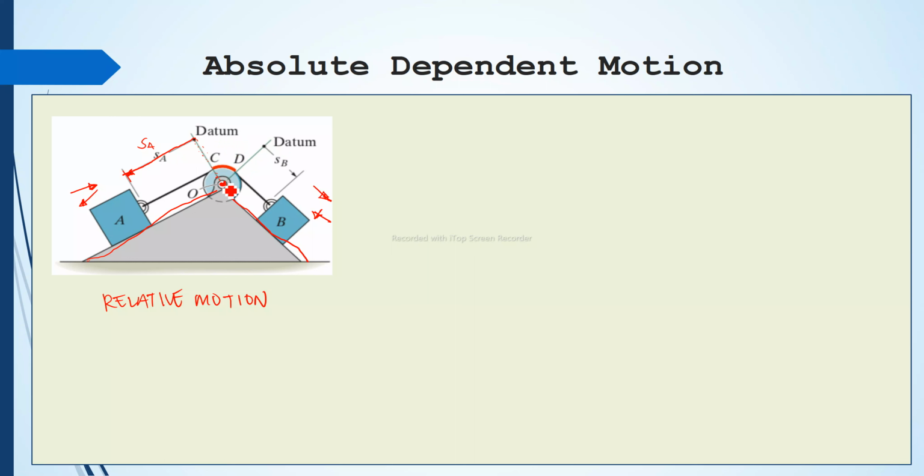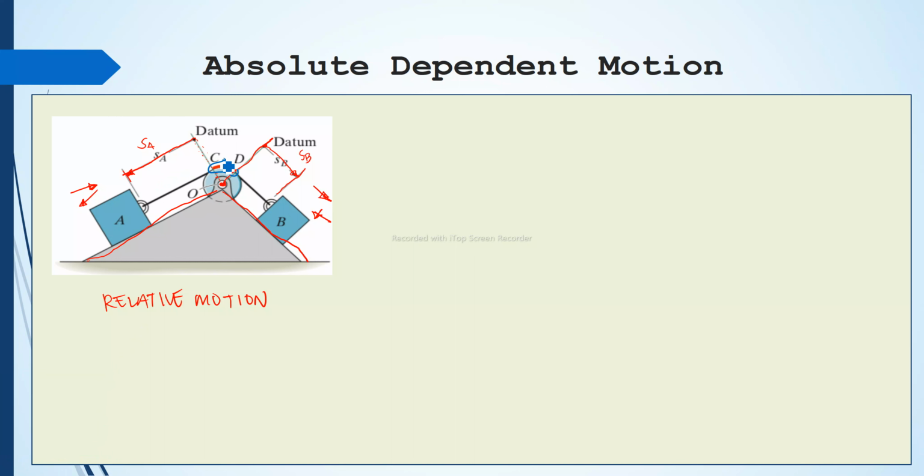And from the origin again, perpendicular to the cord and extended towards box B, we'll have our length SB. And you also have here that is part of the length of the cord.